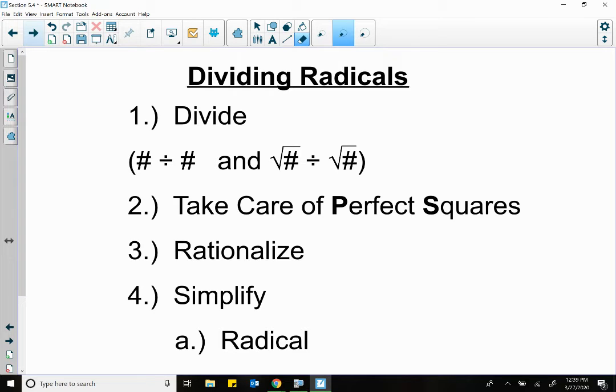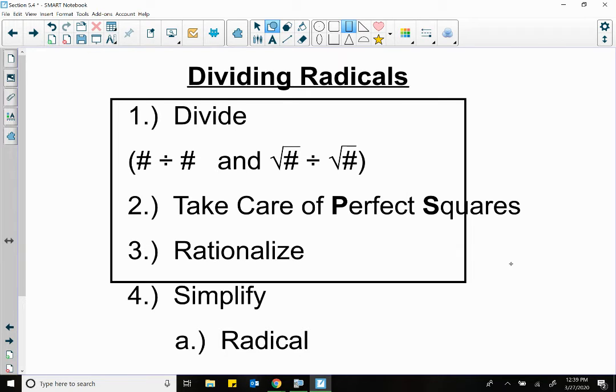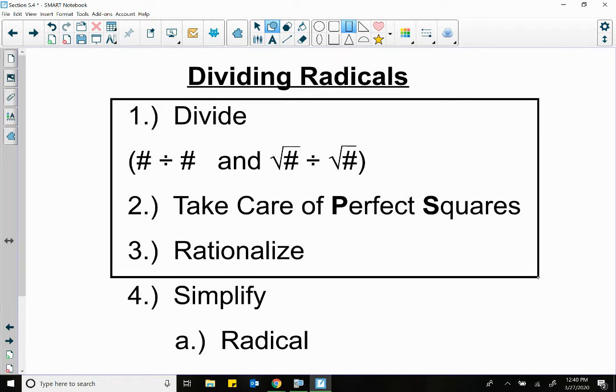Let's talk division. So division, there's a little bit more. And with division, these first 3 steps here, this is actually kind of like a large step 1. And I would try them in this order. First, I would take numbers divide numbers, radicals divide radicals. Okay, just like in multiplication. I would try and see if I could do division.